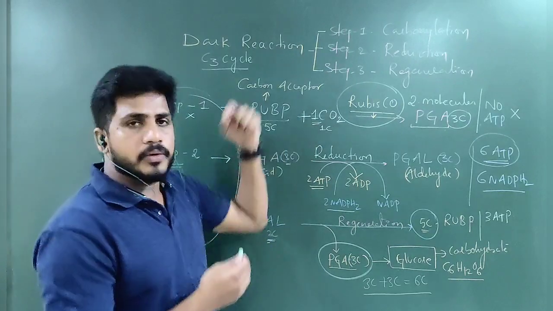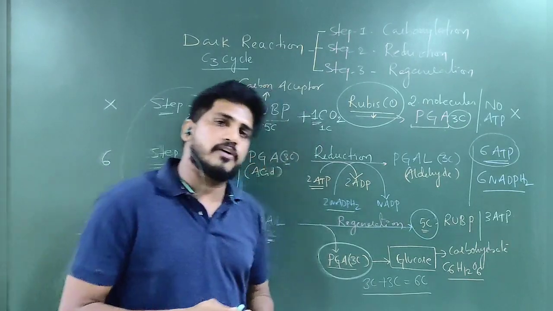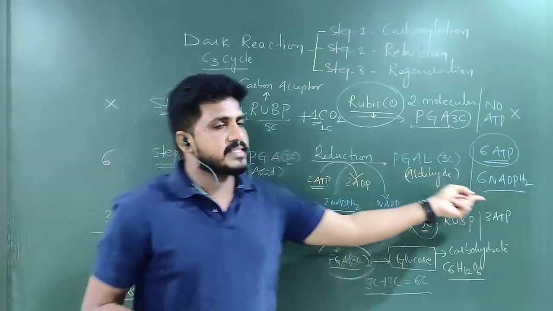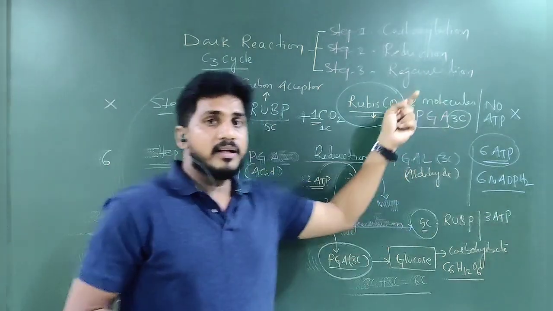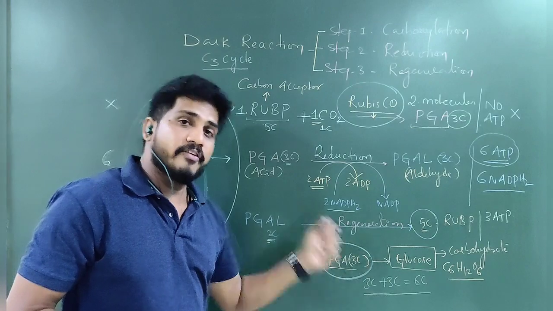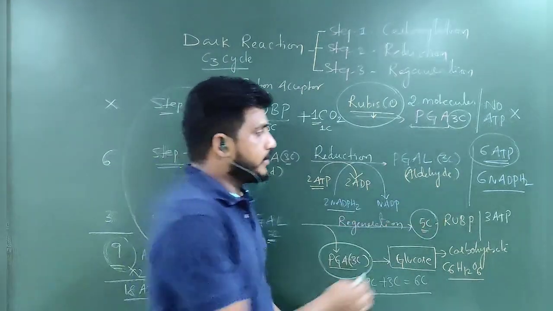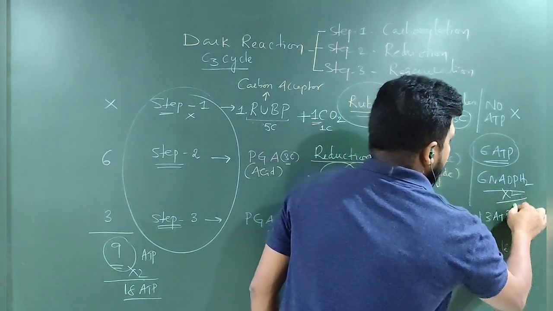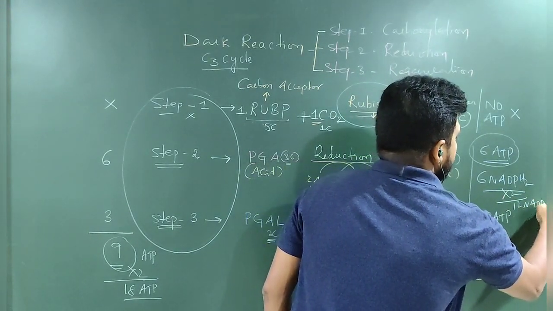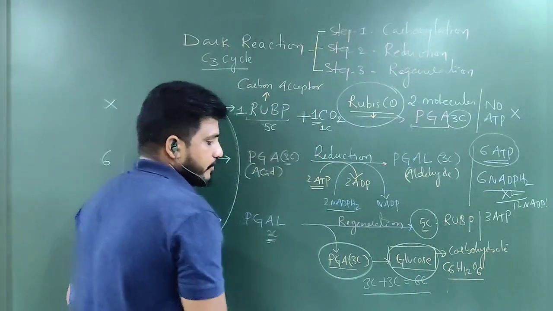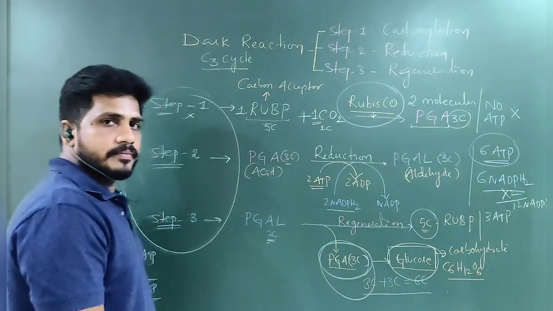So how many molecules of 3-phosphoglyceric acid are formed? 6. So we have to take 6, then 6 NADPH2, for 1 triose. For hexose, 6 carbon, multiply by 2, so 12 NADPH2s are required for glucose. 6 NADPH2 is required for a triose.